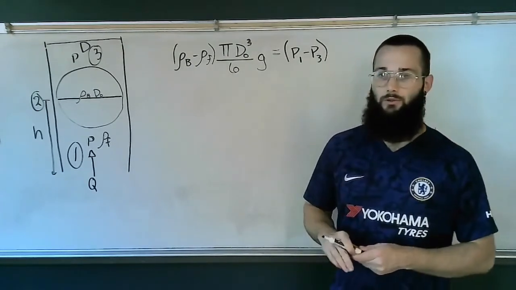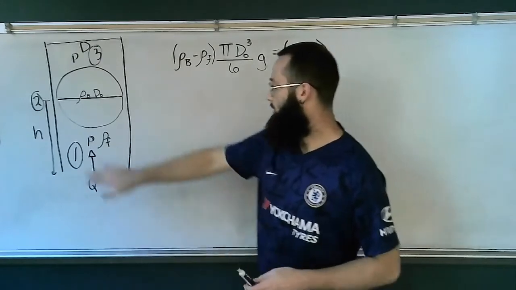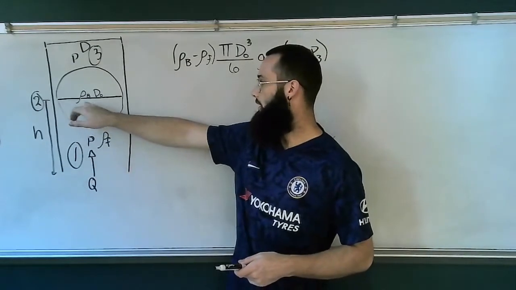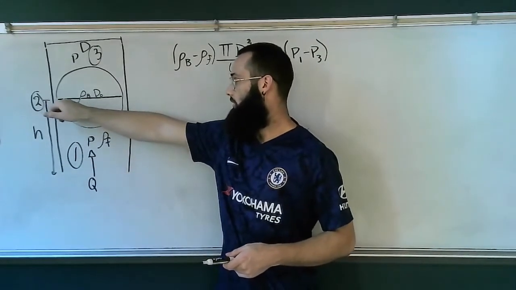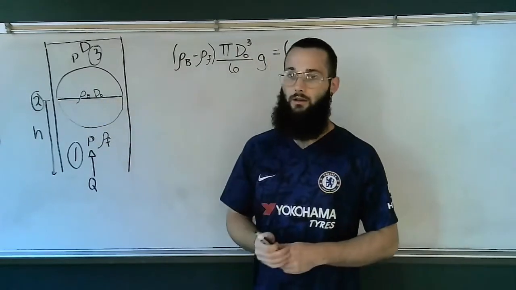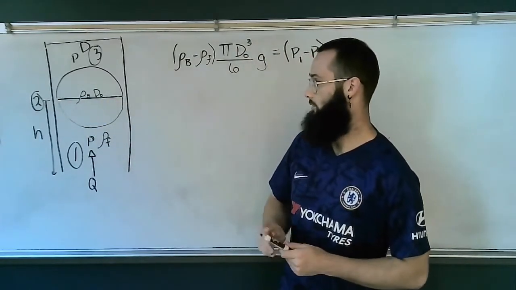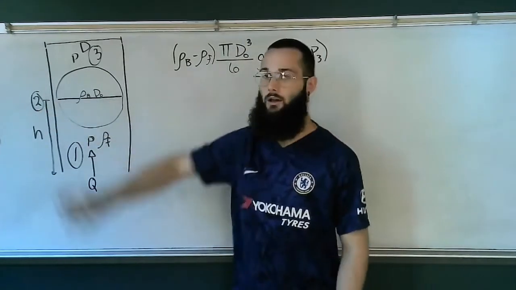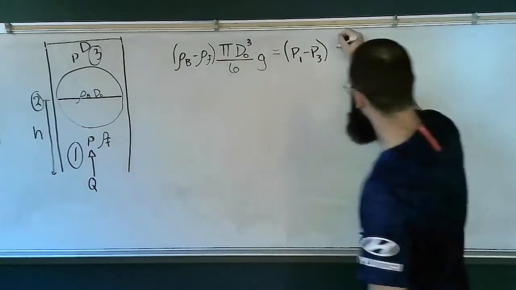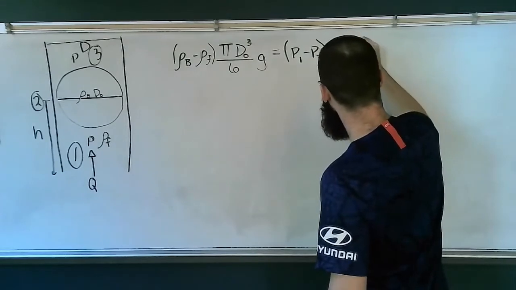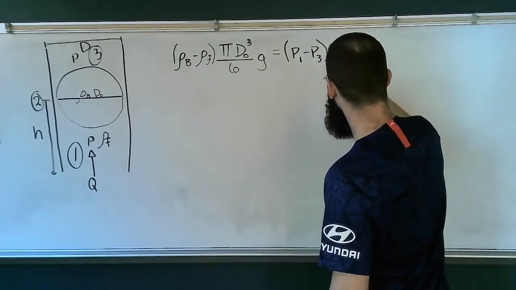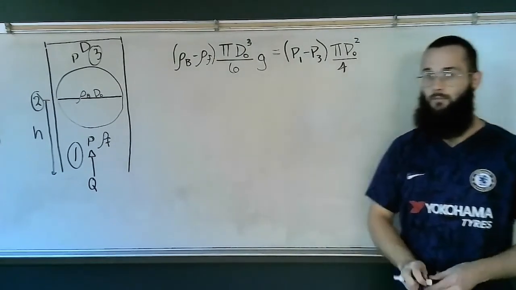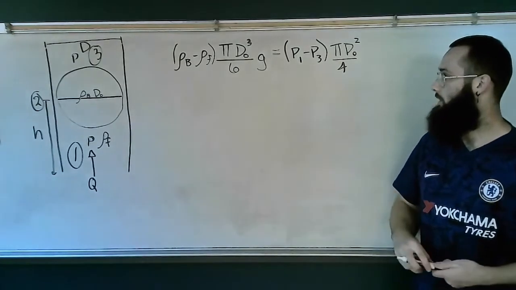As we did in the previous videos, we can treat the pressure force acting on this ball as perpendicular to the largest cross-sectional area perpendicular to the force. So that means it'll be the largest cross-sectional area of the ball, which will be pi d naught squared over 4. So this will be our force balance.